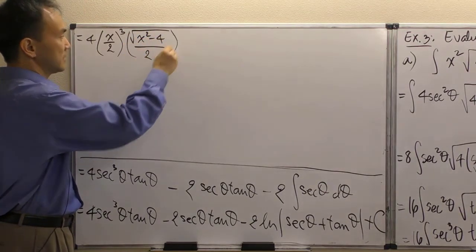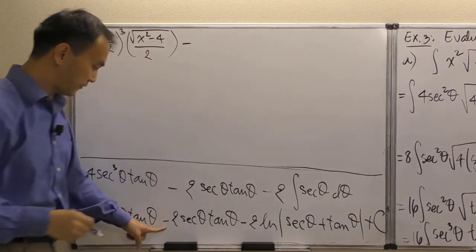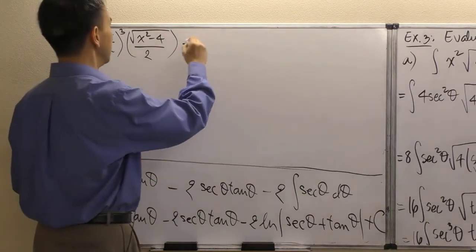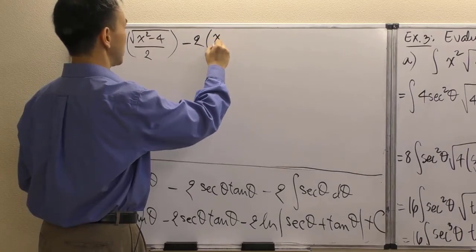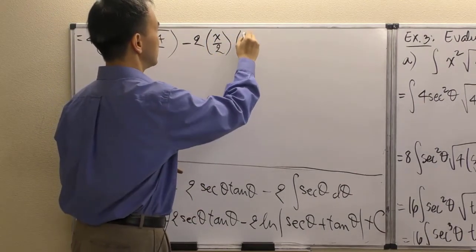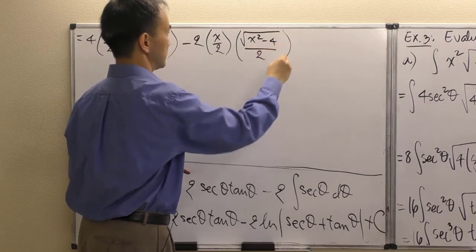Then I'm going to subtract, according to the final answer, 2 times secant theta times tangent theta. So 2 times, and secant theta is x over 2 again, and tangent theta is the square root of x squared minus 4 over 2, like that again.